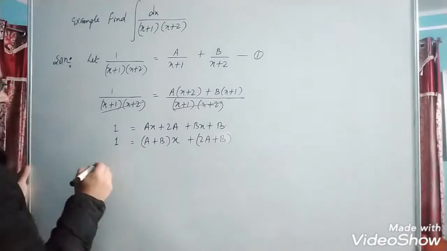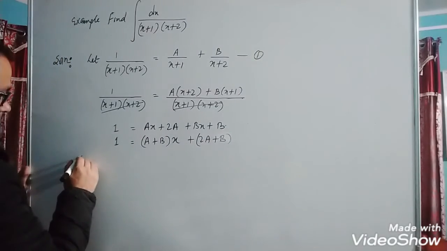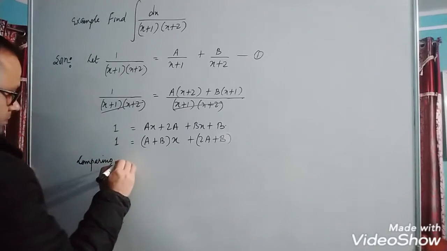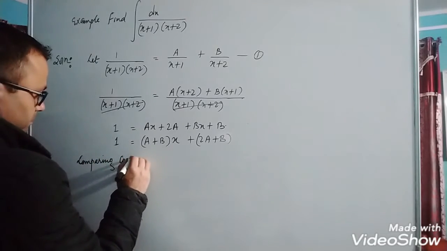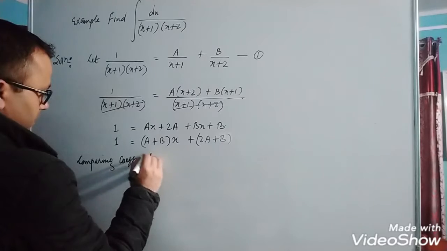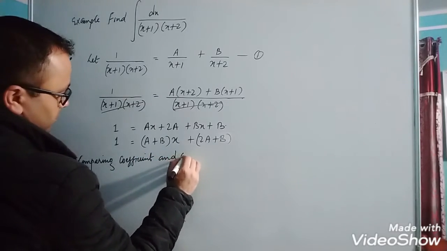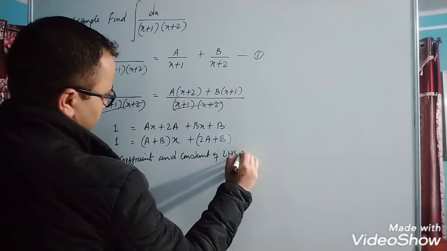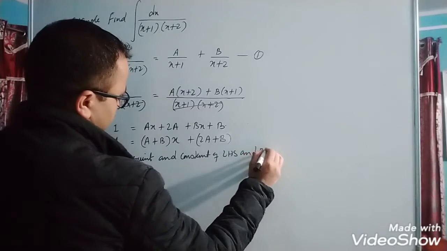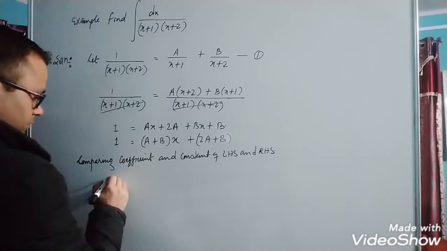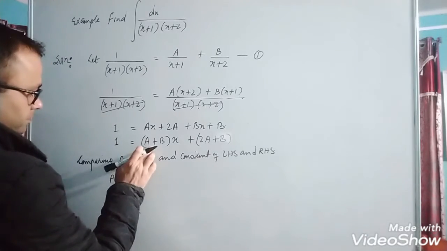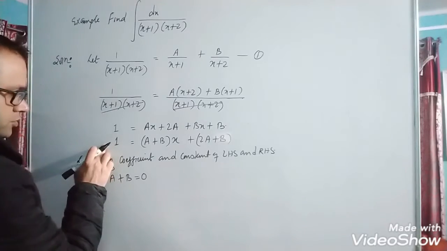Now comparing the coefficients and constants of LHS and RHS. So a plus b equals 0, because on the left hand side there is no x.